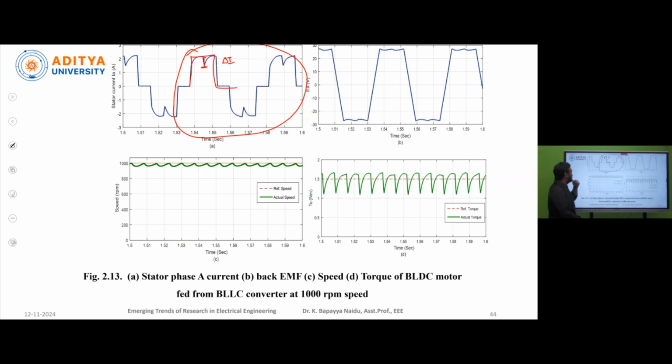In this case, it will be decreased, and the voltage in the back EMF waveform will also be decreased. At this instant it will be decreased, at this instant it will be increased, and at this instant it will be decreased.